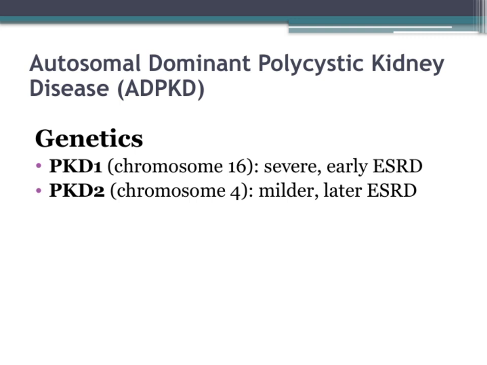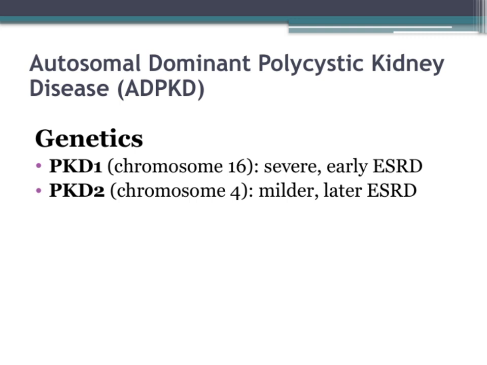This falls under the broader category of autosomal dominant polycystic kidney disease, or ADPKD, which is the most common inherited kidney disorder. Recognizing these genetic distinctions is key because it helps us understand the variability in how the disease presents and progresses in different patients.